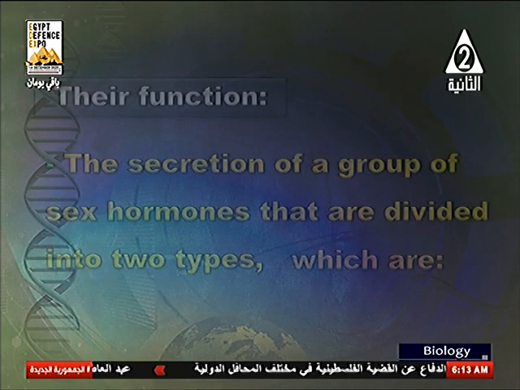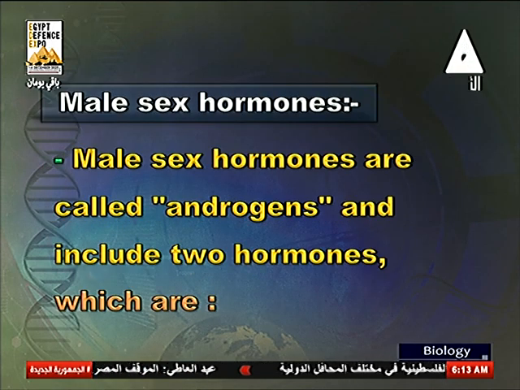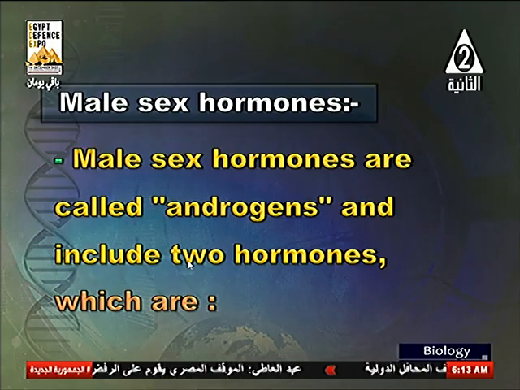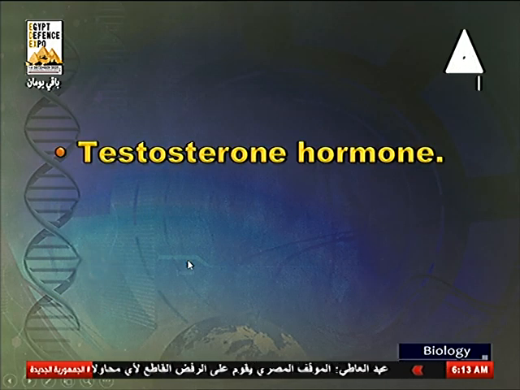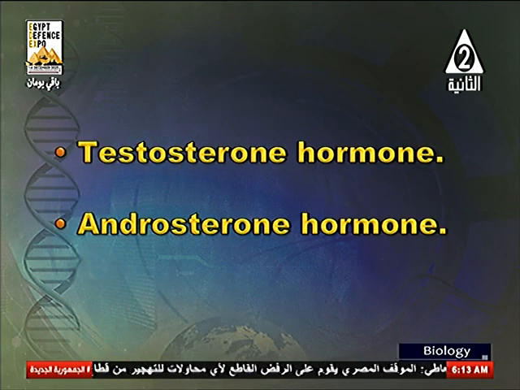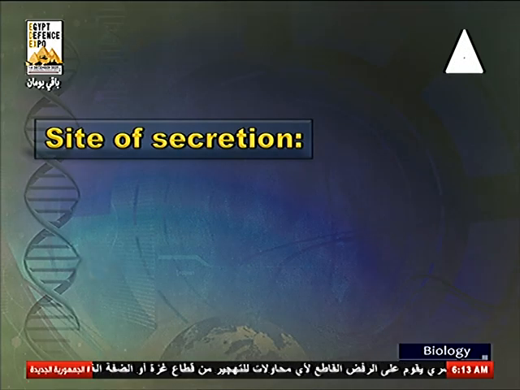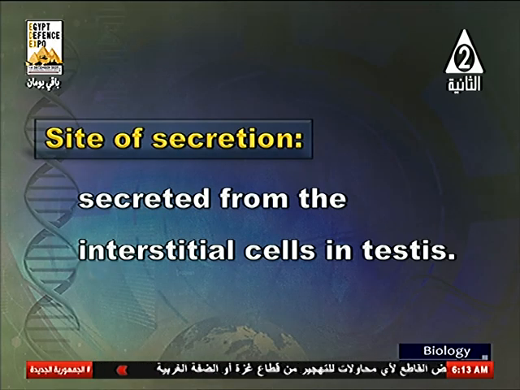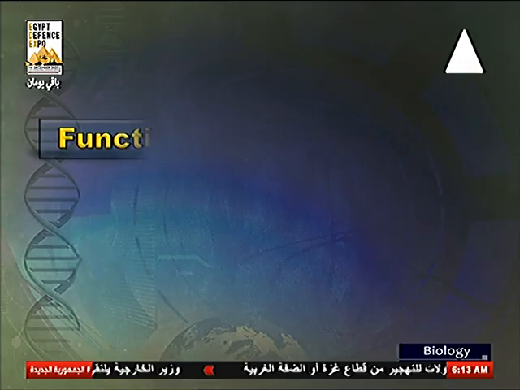Male sex hormones have a name called androgens, and they are two types: testosterone hormone and androsterone hormone. They are secreted from interstitial cells in the testes.